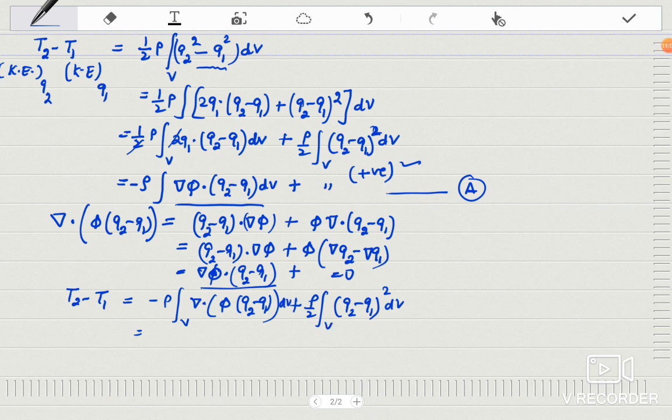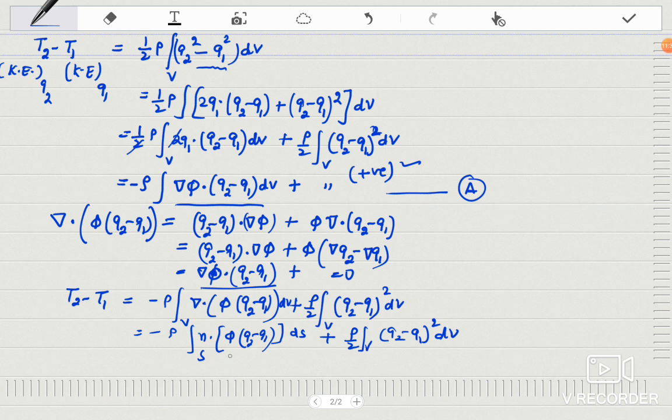So what I do, I use the Gauss theorem and convert it into a surface integral. When I convert it into a surface integral, it becomes n dot phi (q2 minus q1) dS, the surface integral, plus rho by 2 times the volume integral of (q2 minus q1) whole square.